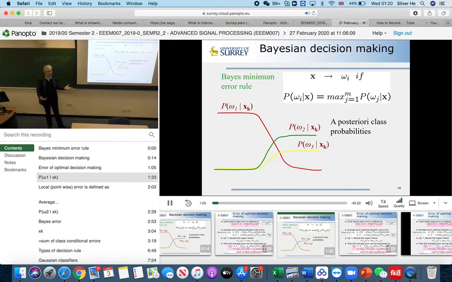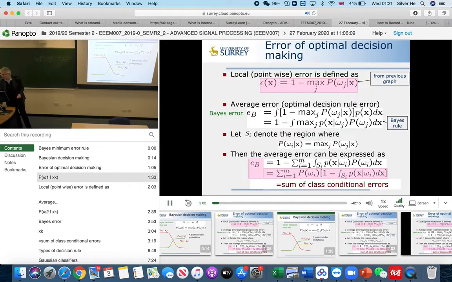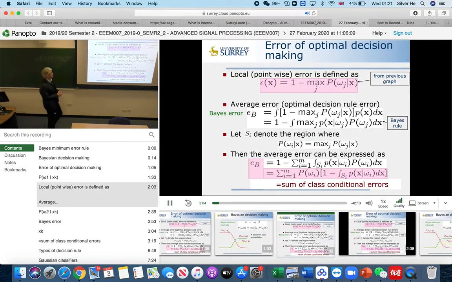So there is still some probability that we've made a mistake. This gives us the idea of a local pointwise error. The error at x, or the expected error at x, is 1 minus this maximum.